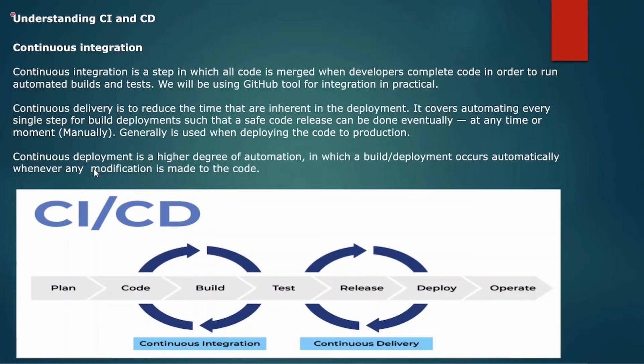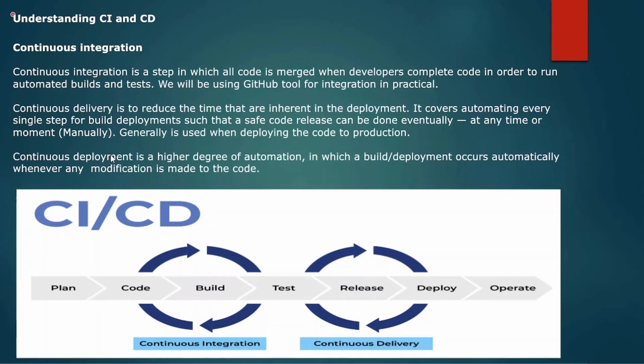Don't get confused with it. That is, whenever you change your code in your local machine, that code will be deployed on the production server. That is continuous deployment.